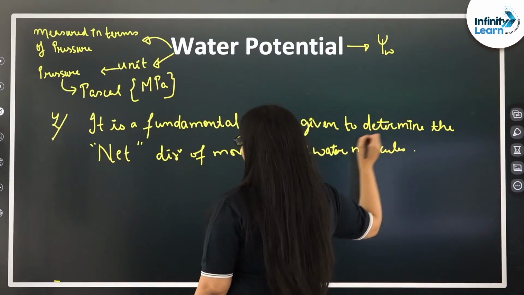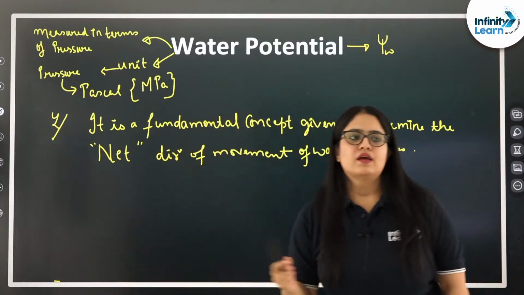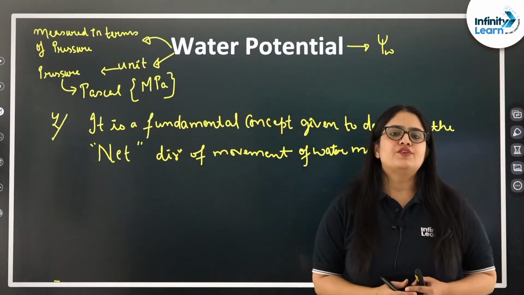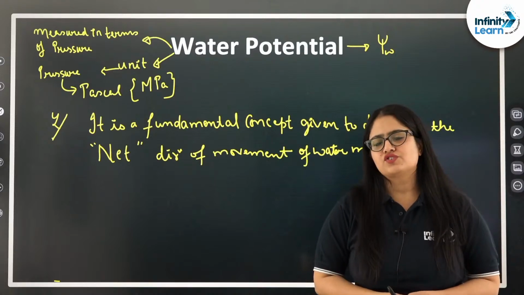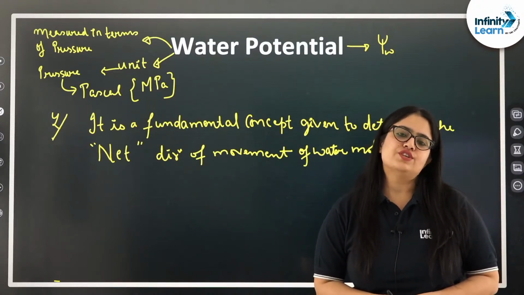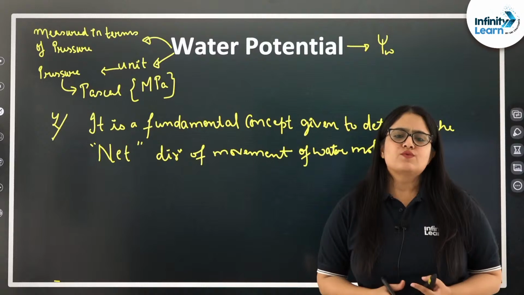So what do I mean by this line, students? Very simple. In this first line, I am trying to explain why this water potential concept is introduced in your syllabus. Why are we studying water potential?